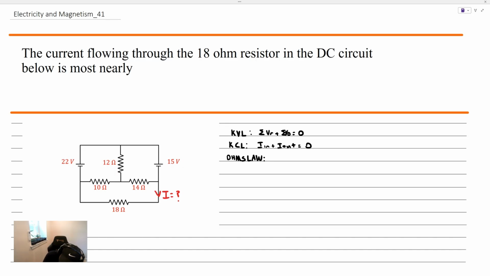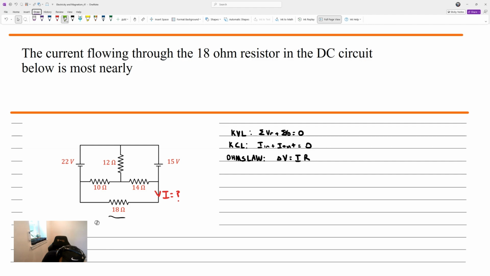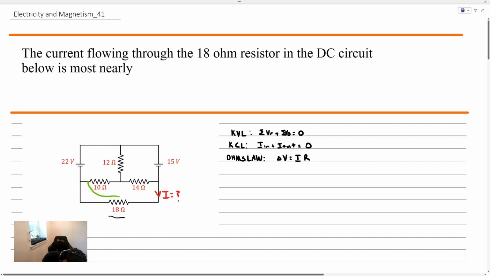Lastly, we have Ohm's law, very classical. The voltage drop across a resistor is equal to the product of the current flowing through that resistor multiplied by the resistance of that resistor. Using these three fundamental laws, we're going to analyze the circuit. And really the easiest way to isolate the current in that 18 ohm resistor is to perform a Kirchhoff's voltage law analysis of this outer loop here.